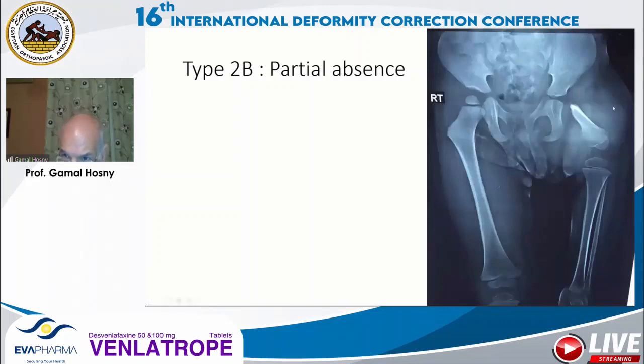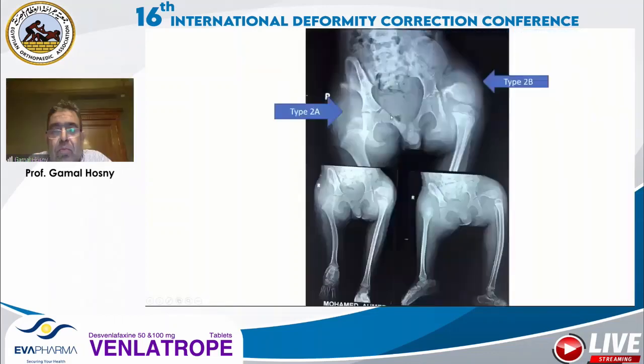In partial absence, the proximal tibia is not there. This is the partial absence. There is no proximal tibia. And this is an example of a bilateral case. This is type 2A, complete absence. Type 2B, absence of the proximal tibia, as you see here.